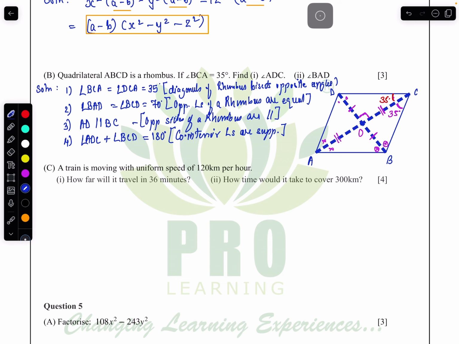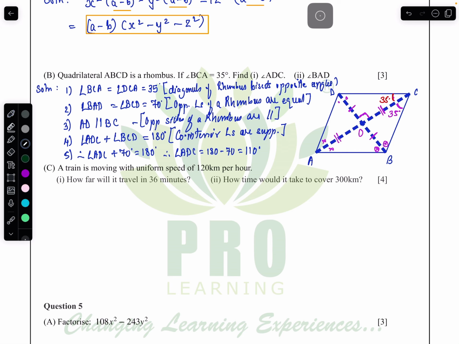But we have already figured out BCD is 70. So angle ADC plus 70 is 180. Therefore angle ADC is 180 minus 70, which is 110 degrees. So we have figured out ADC as well.